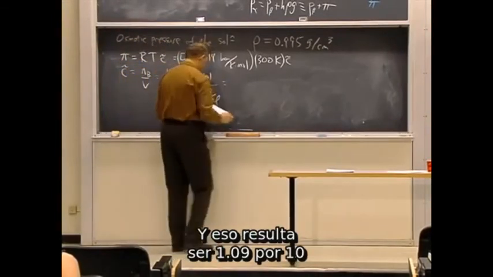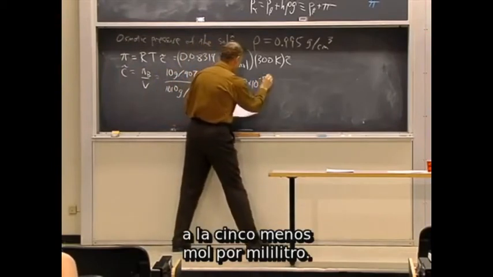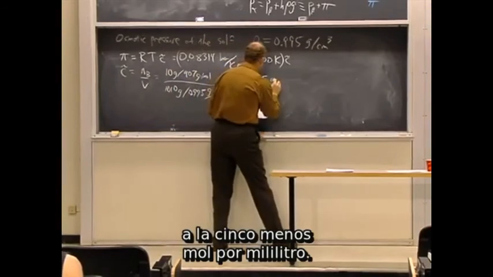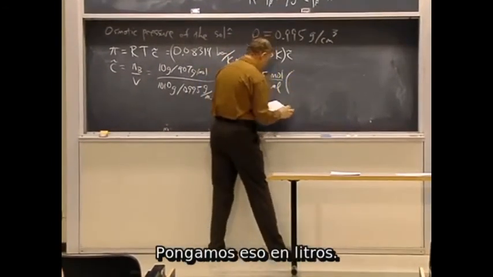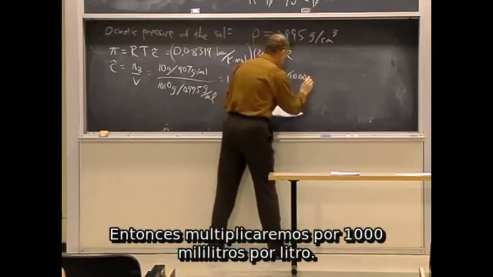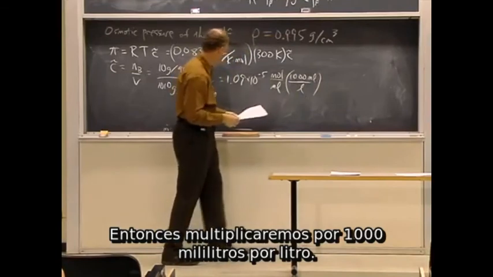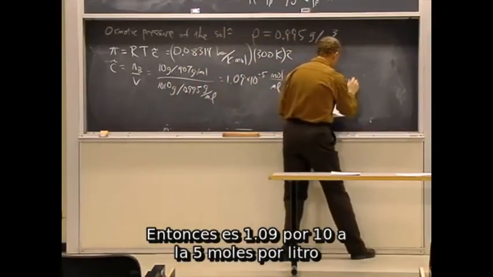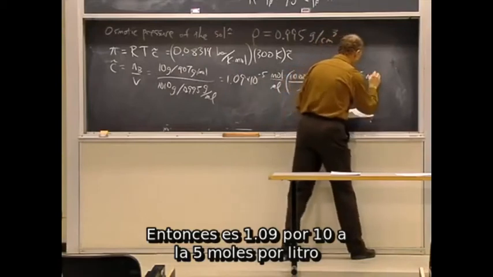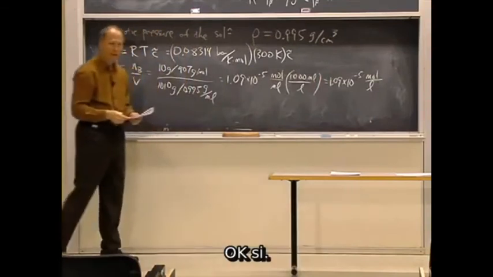And that turns out to be 1.09 times 10 to the minus fifth mole per milliliter. Let's get that into liters. So we'll multiply by 1,000 milliliters per liter. So it's 1.09 times 10 to the fifth moles per liter. Okay?